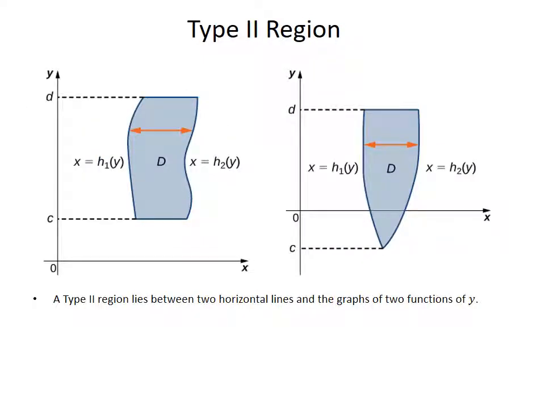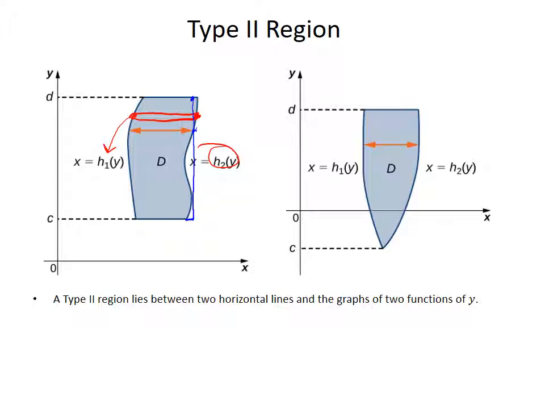However, in the type 2 regions, like you see here, we would have rectangles running horizontally, where the right side is a function of y and the left side is a function of y. Notice that in this particular situation, if we had a rectangle going this direction, it would actually be going outside of our shaded region.